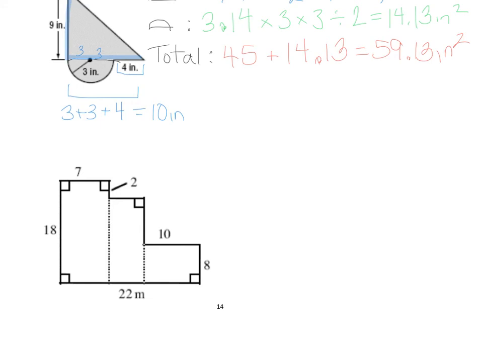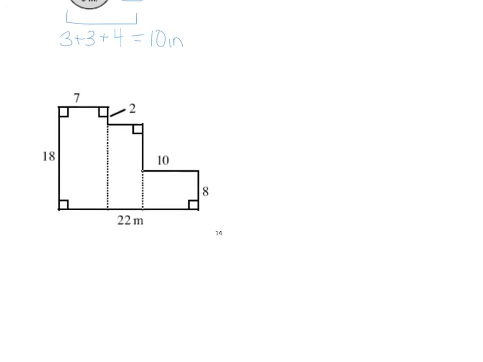For this last example, we are asked to find the area for the entire figure. We do this by finding the area for each of the 3 rectangles and then adding them together. The first one is this rectangle. For this rectangle, we multiply length times width.